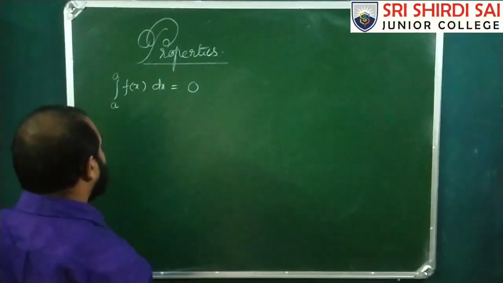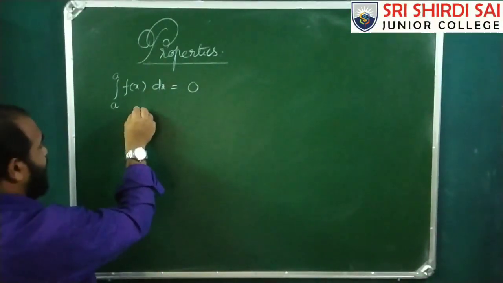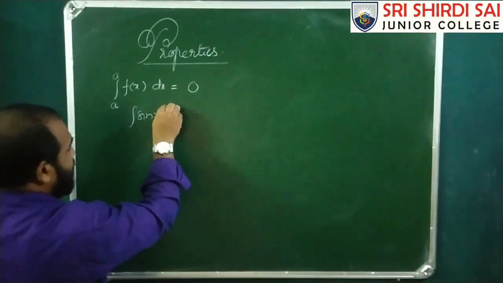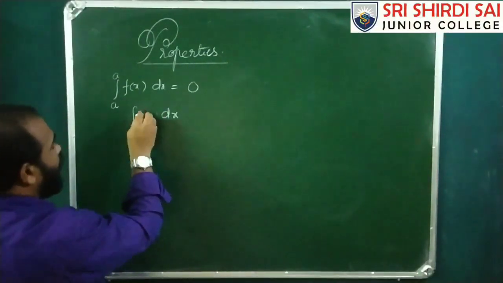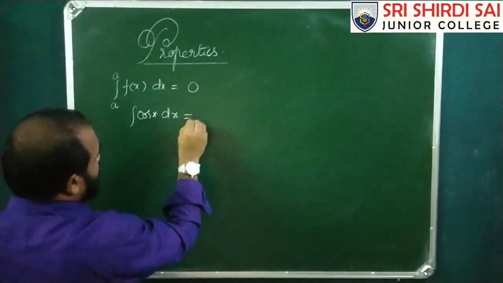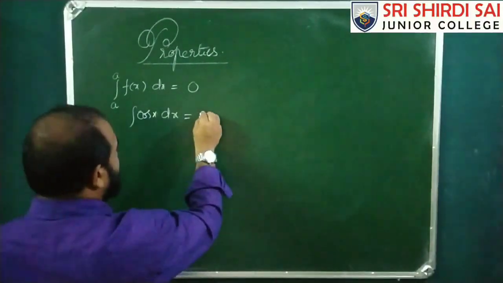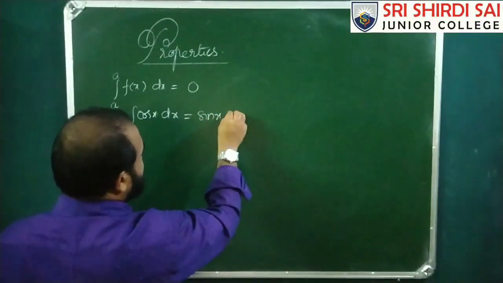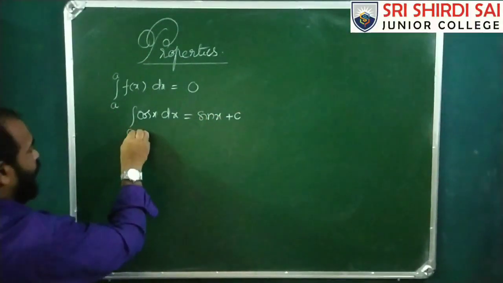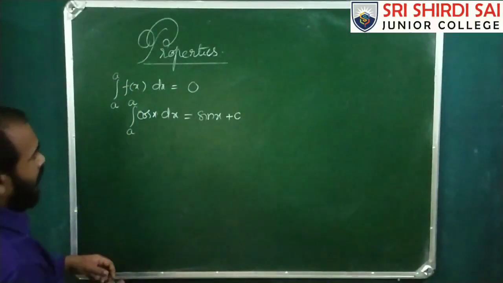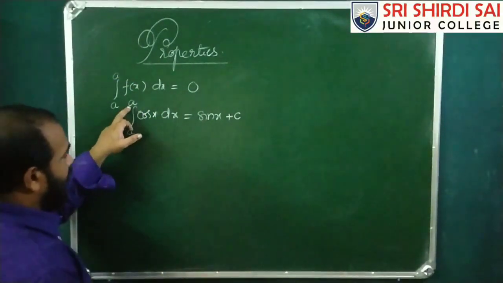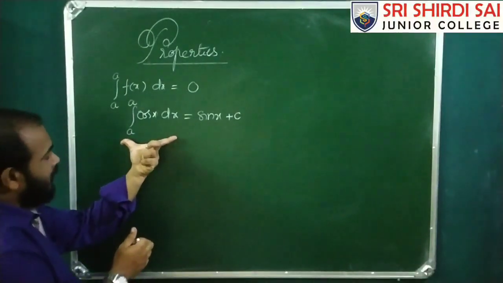Because if you take any example, for example integral sin x dx or integral cos x dx, then this is sin x plus c. Now apply the limits a, a, since it is a definite integral.